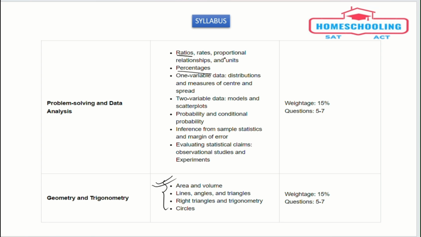Now we are covering ratio and proportional relationship. In this, we will have two videos, and after that, I'll make one more video on rate and unit. So these first two topics will end by tomorrow.